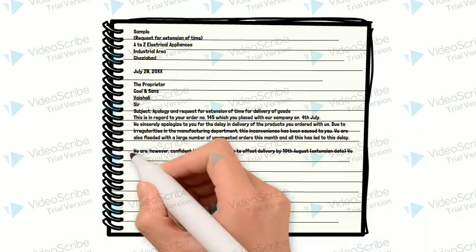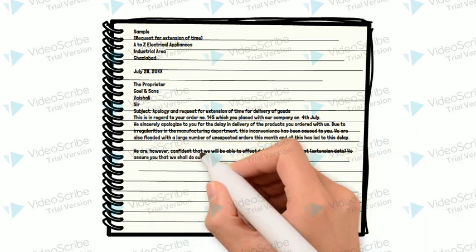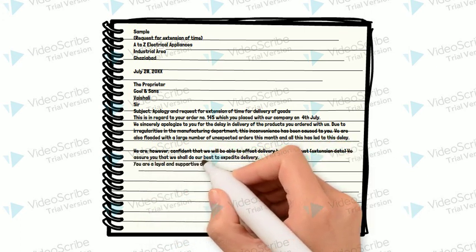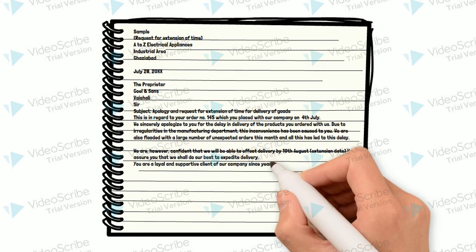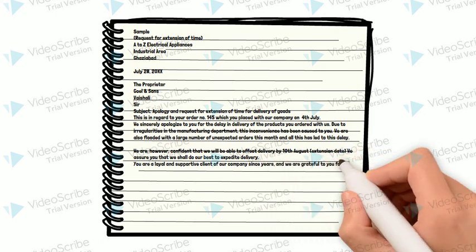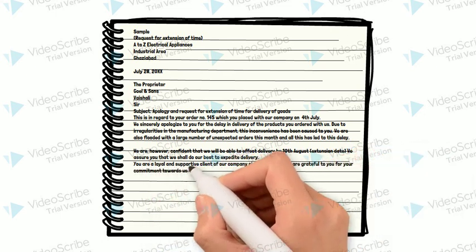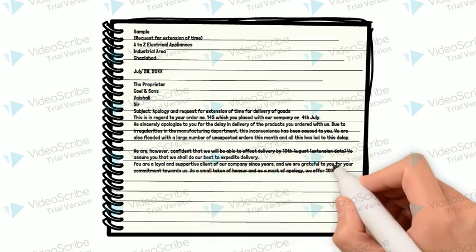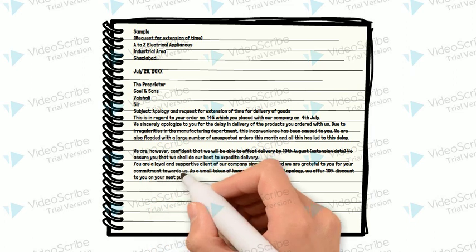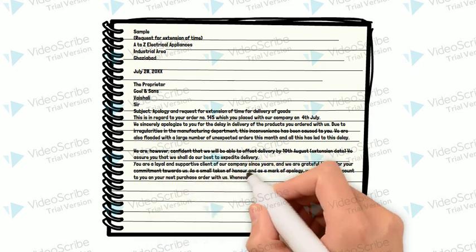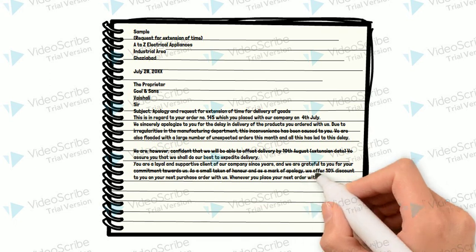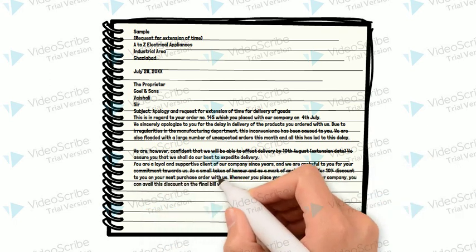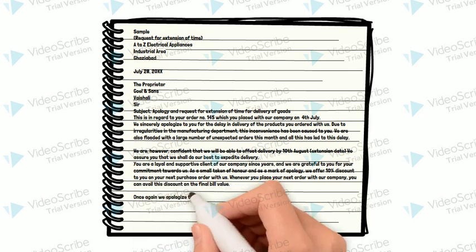And the concluding paragraph, that is the third paragraph, offers discount as a small token of honor and mark of apology. And this letter also concludes with a complimentary close.